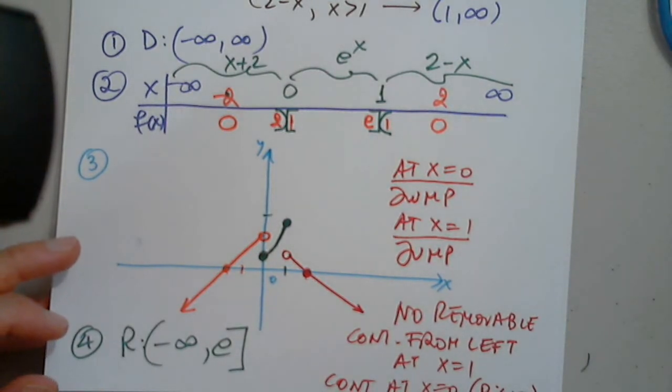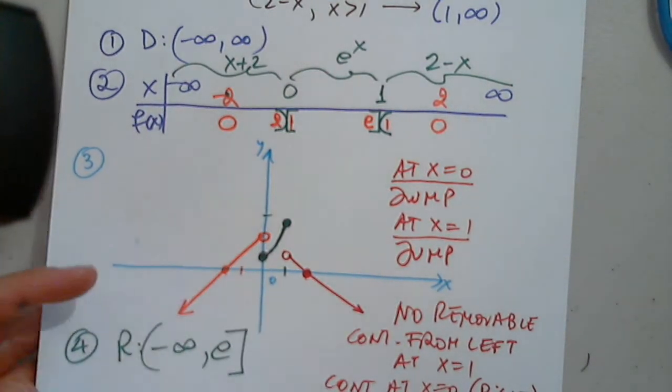Okay, I'm going to share my screen again. And let's take a look, which page am I on? I'm on page 6. Okay, so this was done. I want to come back here. Show that f has a removable discontinuity at x equals 3. Redefine f of 3 so that f is continuous at x equals 3.